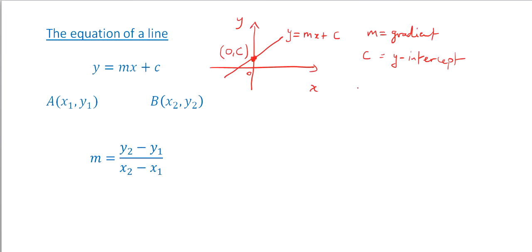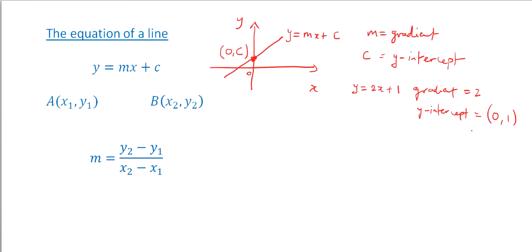So if you see an equation looking like, let's say y is equal to 2x plus 1, the gradient of this line is equal to 2, because the coefficient of x is 2, and the y-intercept is 0, 1.